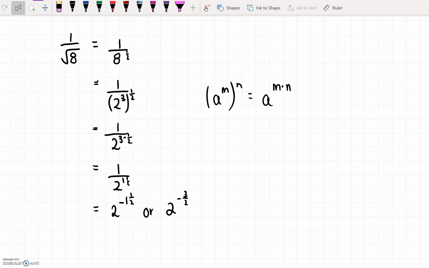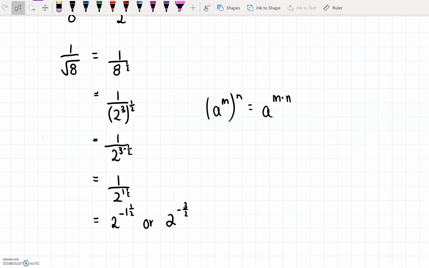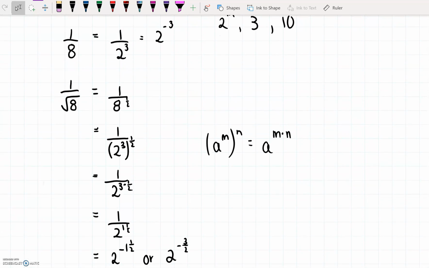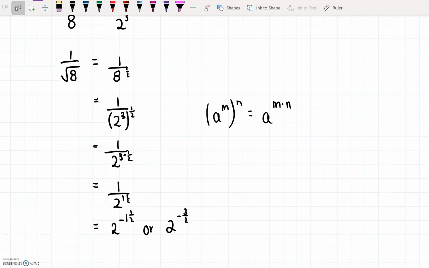Okay, just be careful. Sometimes the hard bit is just looking for what your base number is, but you know that if it's 2, 3, or 10, it's going to be one of these numbers. So you need to try those out.